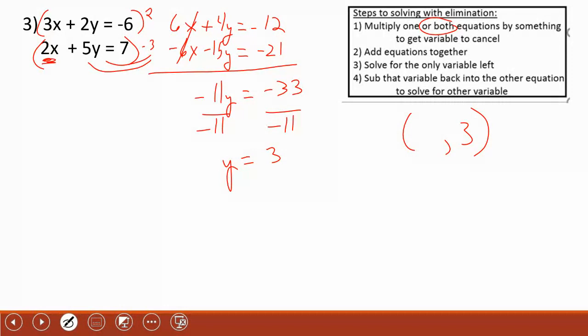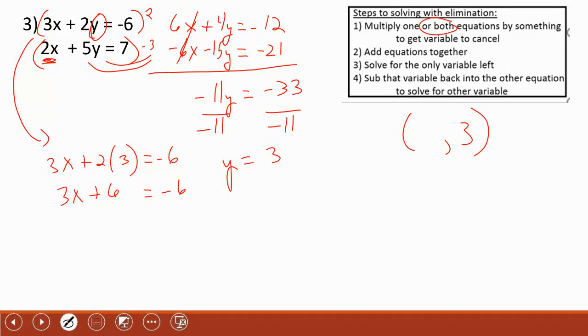Take my solution back to one of the two equations. I'll go to the top one. 3x plus 2 times y equals negative 6 because I have a y. Now I'm going to solve for x.